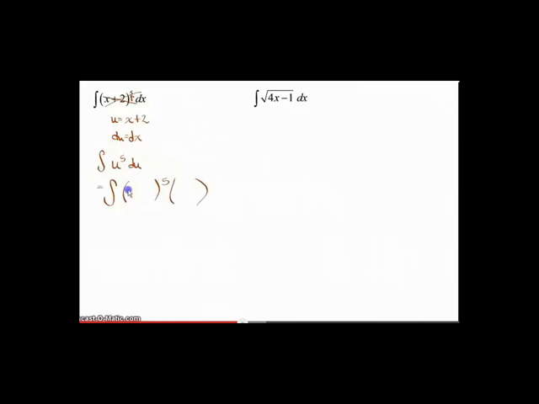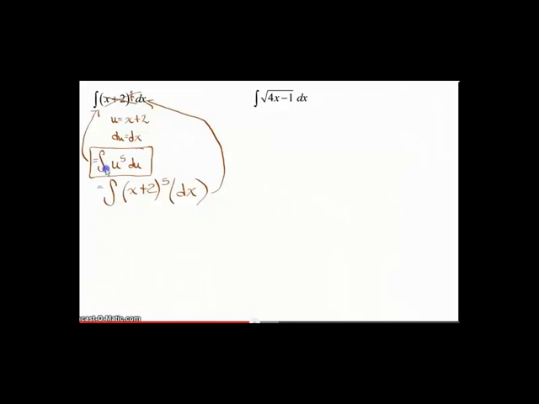we said that u was x plus 2. We said that when that's u to the 5th, we said that du was dx. So that if we back substituted our choices, we should wind up where we started. That tells us we have made a good u substitution choice and that this is equivalent to the original integral.